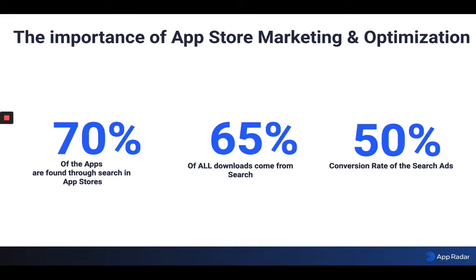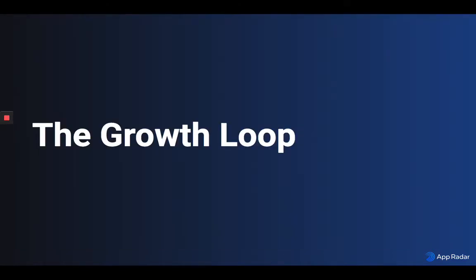And the conversion rate from click to install of search ads is almost 50%. So as you can see, the app stores themselves are quite important to focus on. Even if you prioritize your efforts in paid, even if you drive the traffic to the stores and it doesn't convert, nothing will happen.